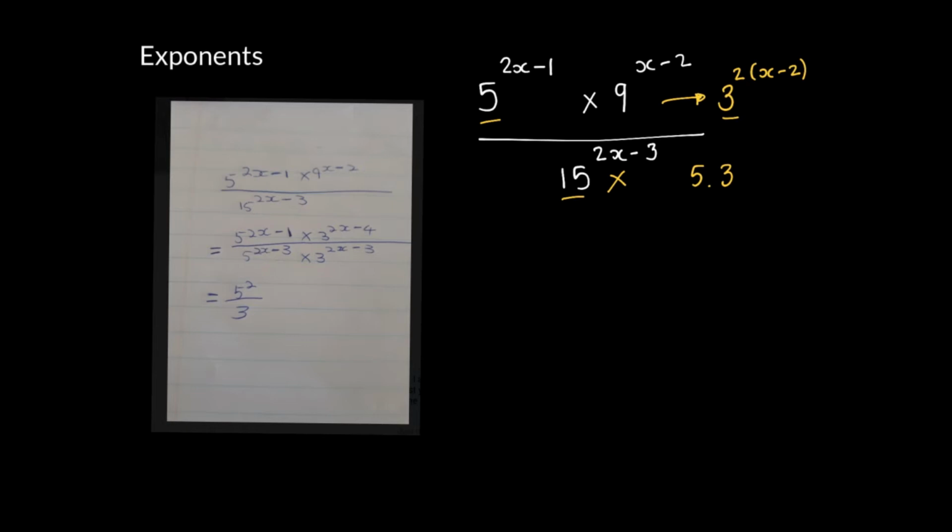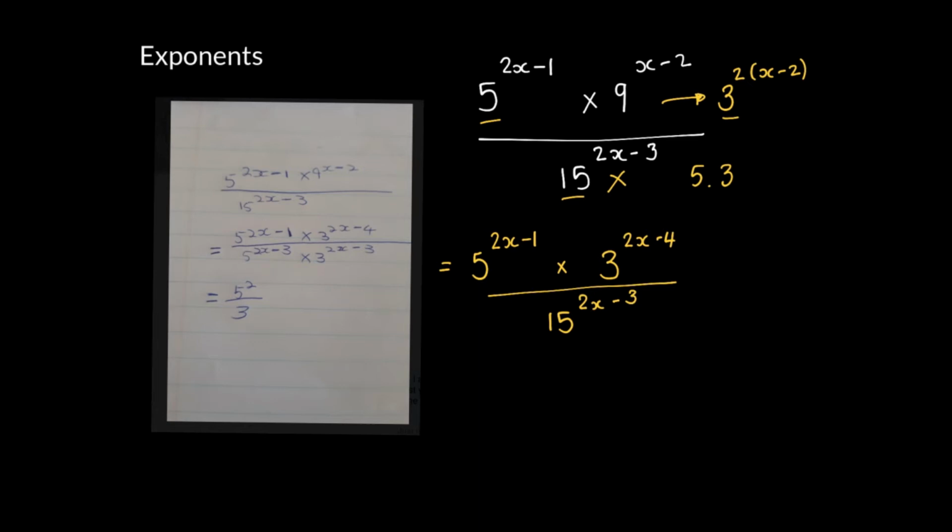So when we are simplifying, the only thing we could possibly do is write it out exactly the way it is: x to the minus 1 multiplied by 9, x minus 2, or we can actually rewrite this part here as 3 to the power 2x minus 4. We can 100% do that. All of that divided by 15 multiplied by 2x to the power of minus 3.